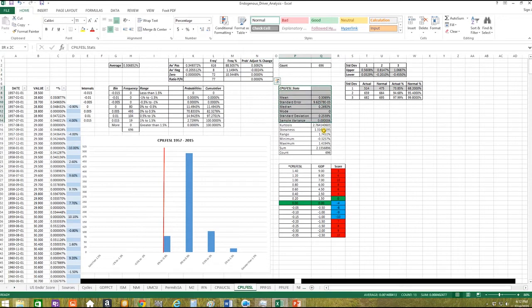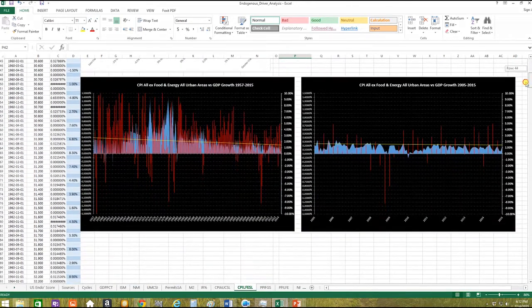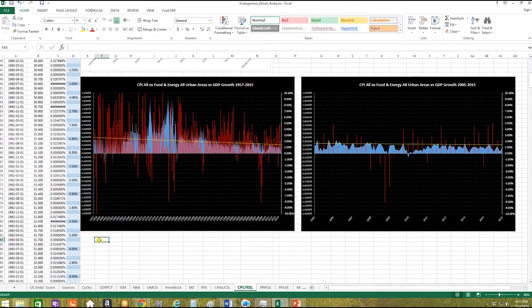We have our descriptive stats over here, and we have our analysis of the distribution relative to a normal distribution over here. We also have our scorecard, which we will come on to later, and further down, similar to the analysis earlier with CPI including food and energy, we look at the data pictorially.